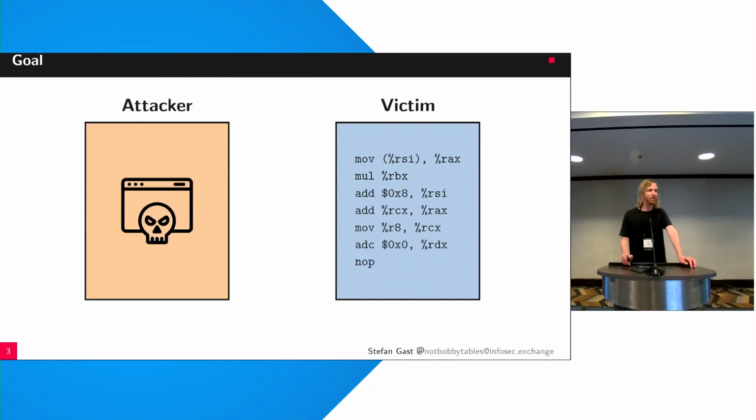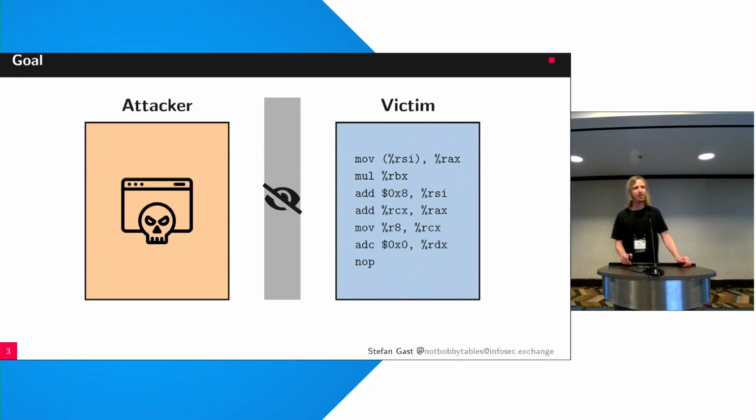Well, we have an attacker and a victim, both running on the same core on different SMT threads. The attacker wants to observe what the victim is doing, but the attacker doesn't have any architectural means to access it.